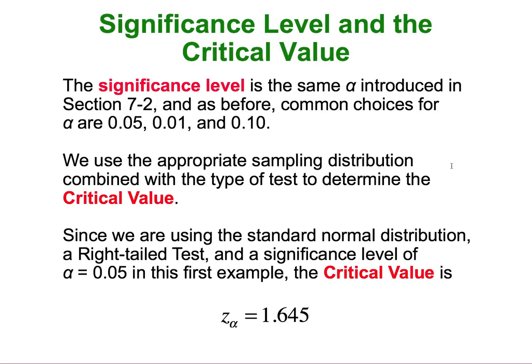Because our significance level is 0.05 in this first example, our critical value is 1.645, because if you look at the table of z-scores, an area to the left of 0.95 corresponds to an area to the right of 0.05, and that is referenced with a z-score of 1.645.